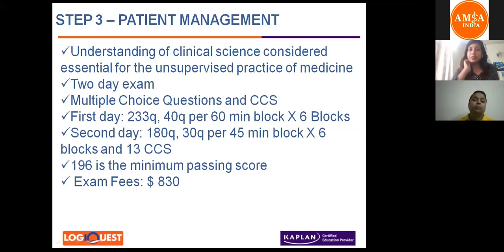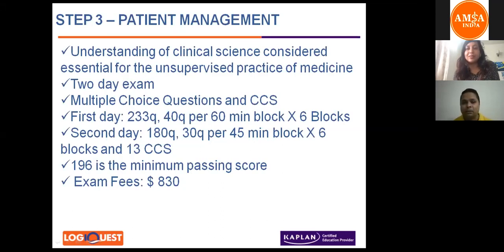But here it is computer case simulation. So you will be given a simulator, and on that simulator, you're supposed to attempt the patient interaction. And then depending on how you succeed, or rather in layman's words, how many patients you kill and how many you save, you get the outcome of that.